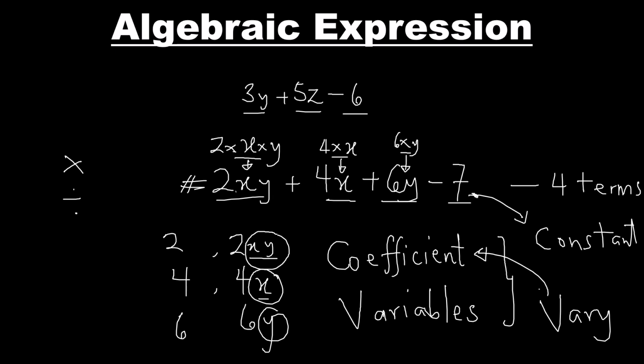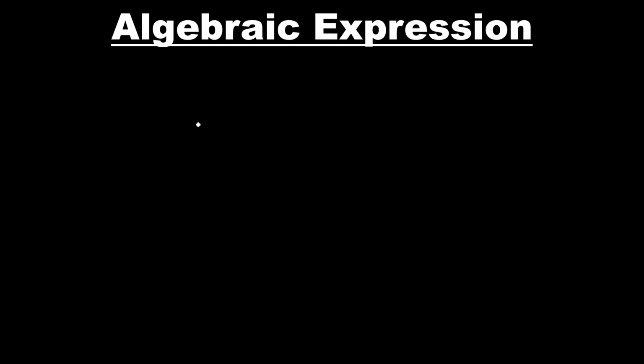Now for the division also, although this example doesn't actually capture that, it is possible that you meet an algebraic expression in this form. Let's say 1 over 2a squared plus 3 over 4bc minus 5.